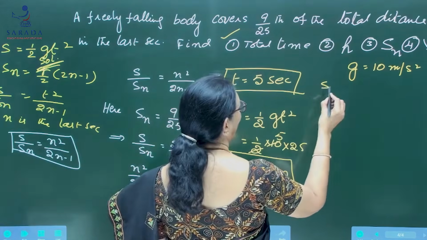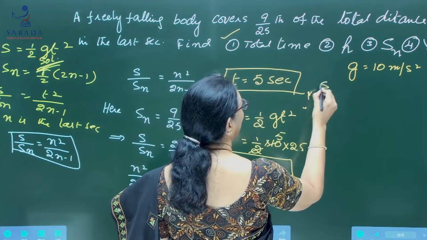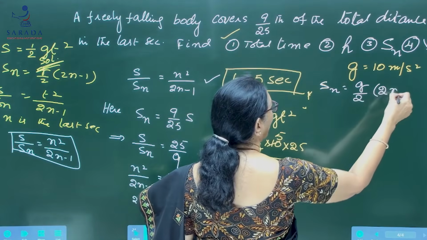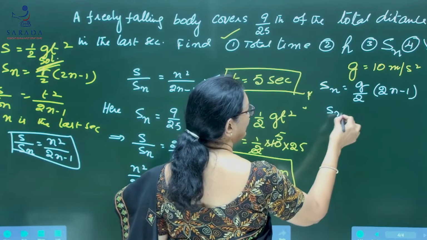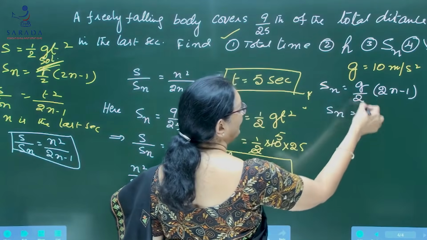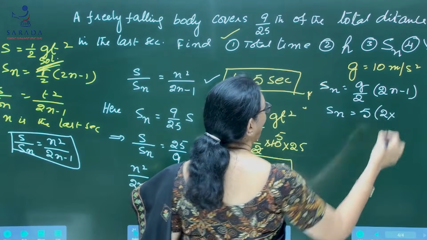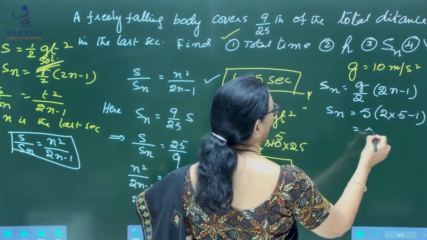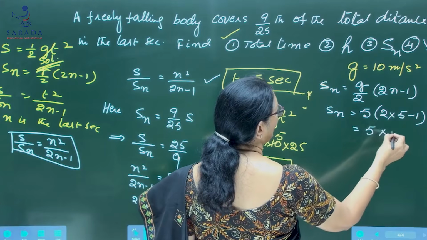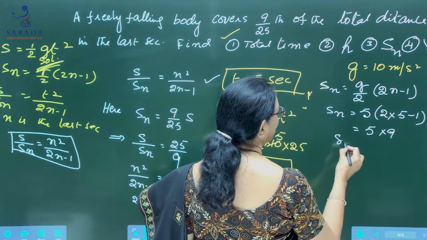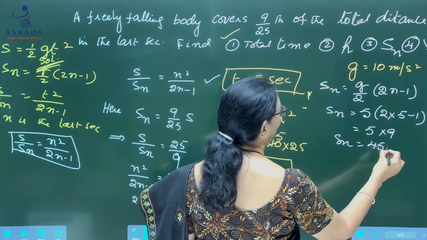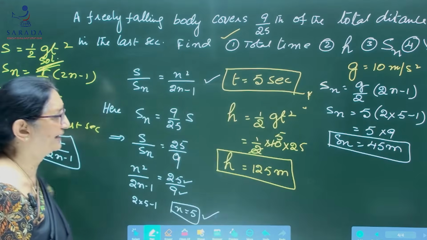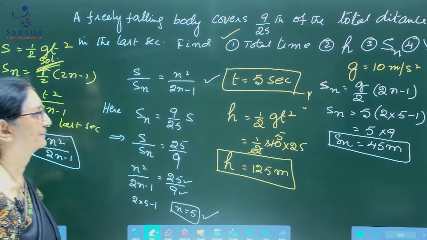So, Sn is equal to g by 2 into 2n minus 1. So, Sn is equal to g by 2, 10 by 2 is 5, into 2 times 5, the last second being the 5th second, minus 1. So, 5 into 2 5s are 10 minus 1, so Sn is equal to 45 meters. So, displacement in the last second is 45 meters.